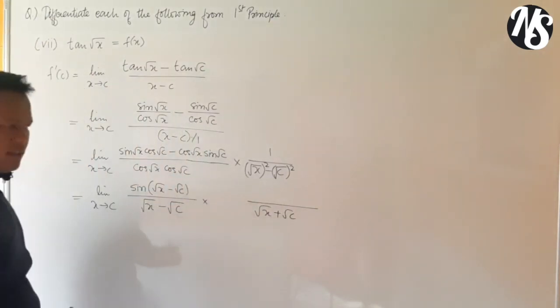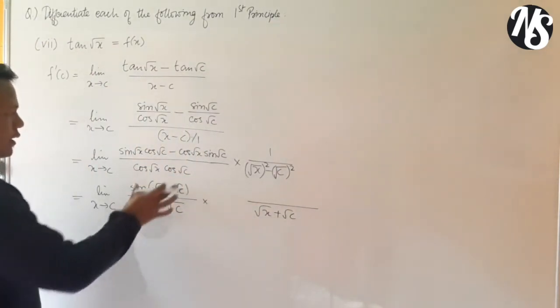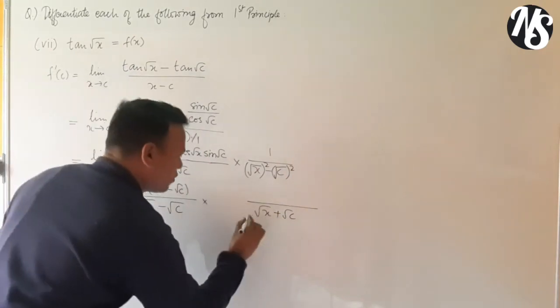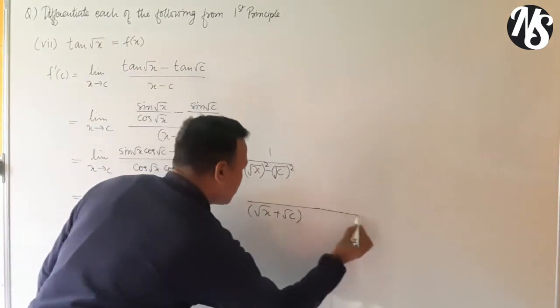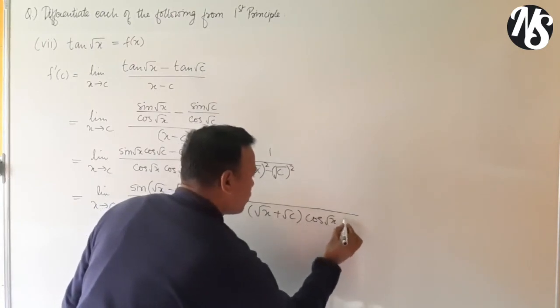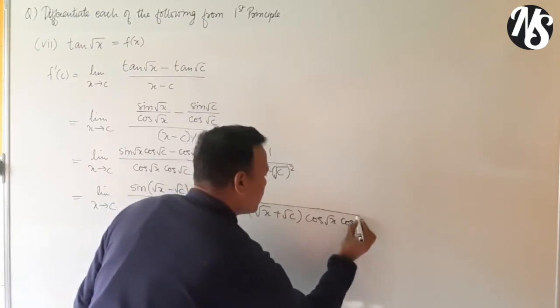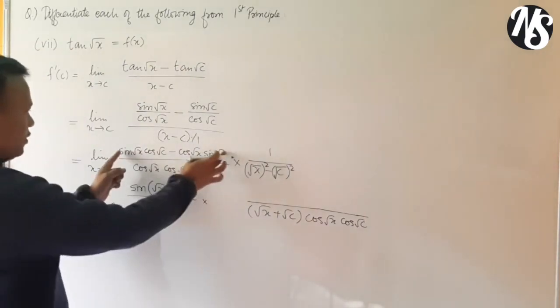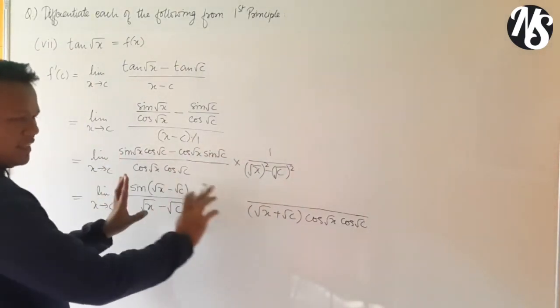Yes. Are you understanding? Now let me keep all of them here only, so this becomes a longer one. So it is cos of root x, cos of root c. Now this full thing is written here. Is there anything left? No.